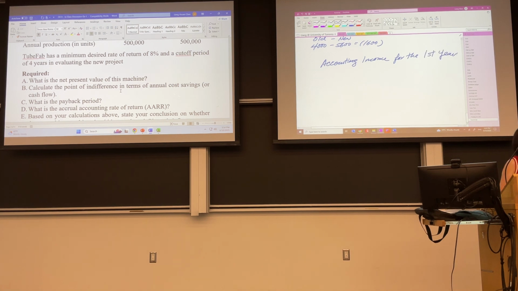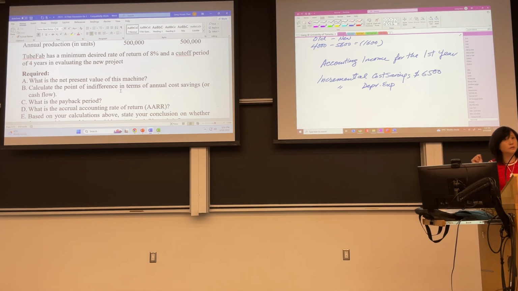So what's accounting income for the first year? Okay, so accounting income, you calculate income statement. You're going to have an additional incremental profit, cost savings, 6,500 positive. But you also have an incremental depreciation expense. Every single item, 1 mark or 2 marks for your final exam, okay?